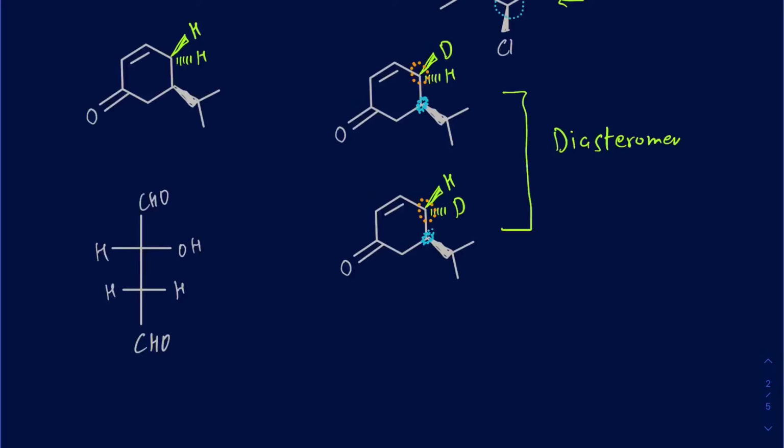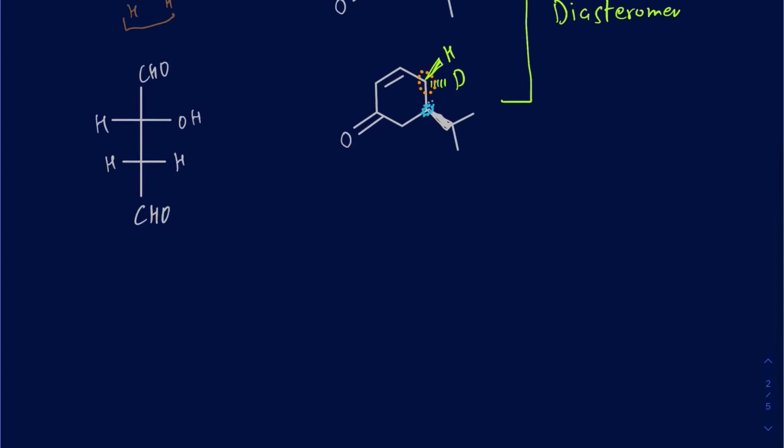So since they are the diastereomers, those two protons that we have mentioned before are going to be diastereotopic protons, and they're going to have different chemical shifts. Do you see any other diastereotopic protons in there? Well, if you can figure out that this particular one right there and this particular one right there, those two protons are also going to be diastereotopic.